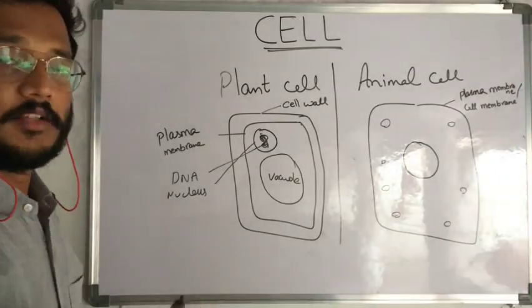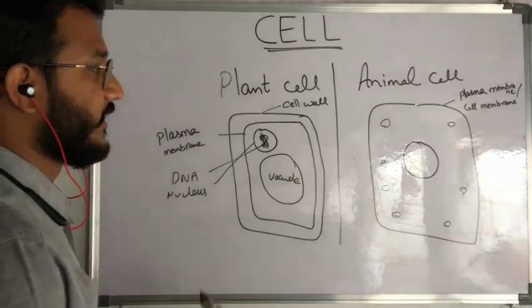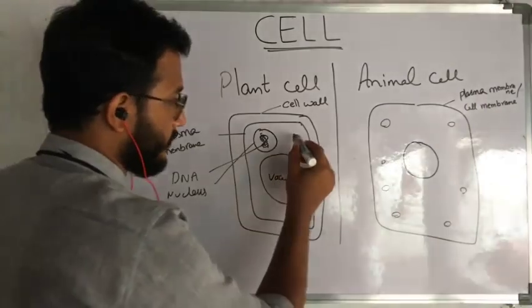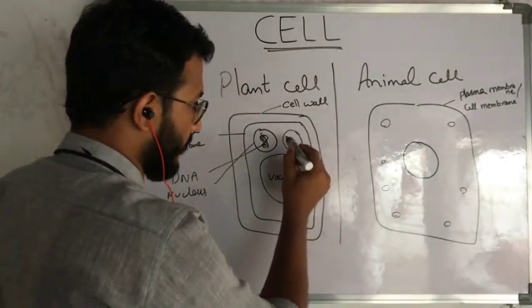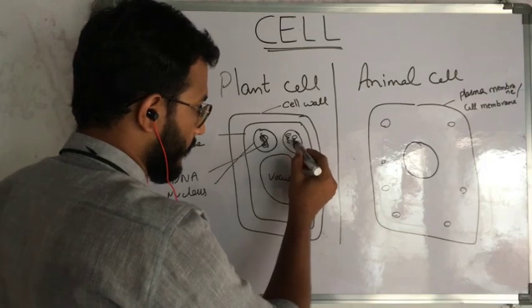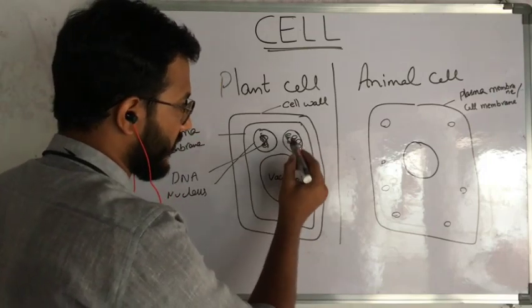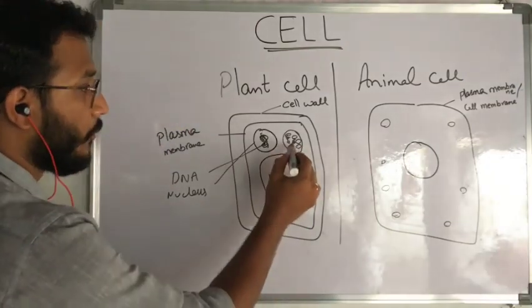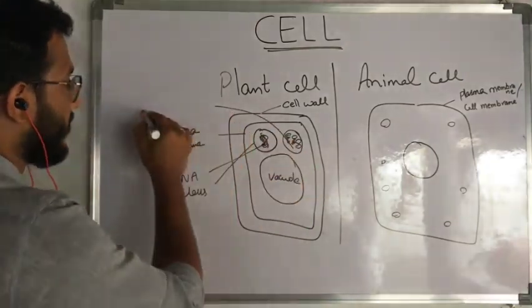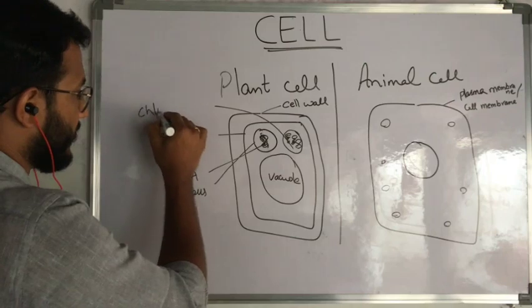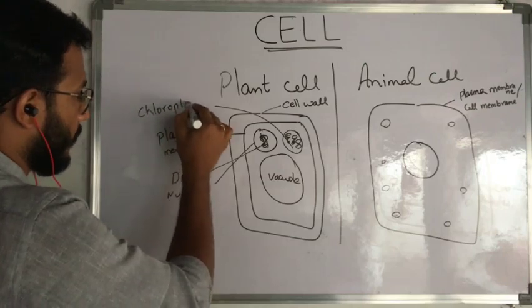And the third and most important difference is the presence of plastids. The most important plastid present in the plant cell is the chloroplast.